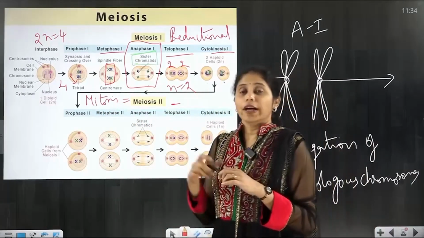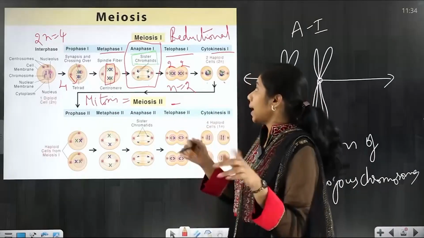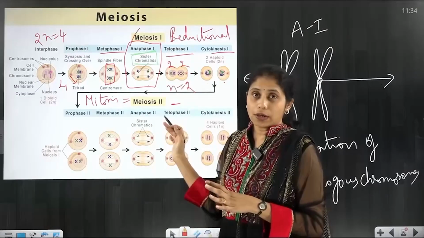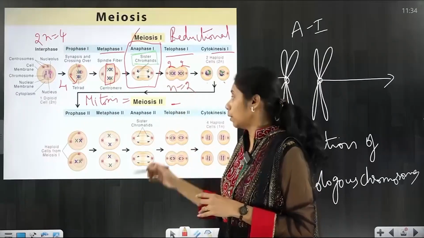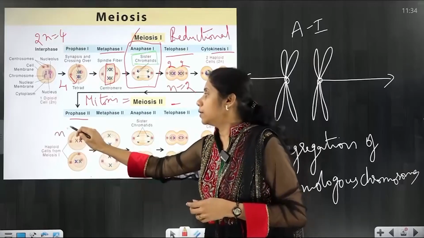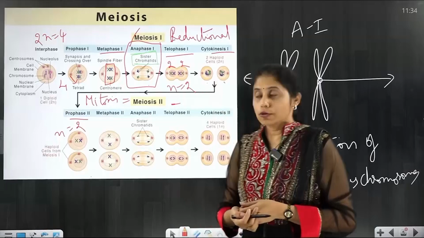The question will come where actual reduction occurs. The actual reduction occurs in anaphase 1 of meiosis-I. So in prophase 2, 2 cells will be entering here, and we have started this with n is equal to 2 chromosomes.